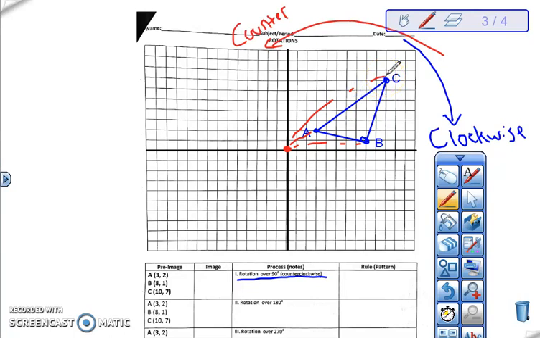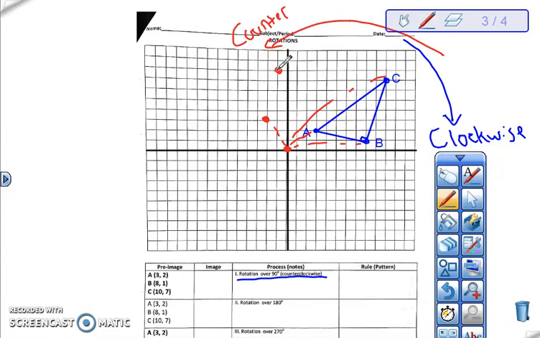What should happen is that each point makes a right angle with the point that was its pre-image. So if I draw a right angle from A, it's going to go here. If I draw a right angle from B, it's going to go here. So let's see, that's 1, so about here.